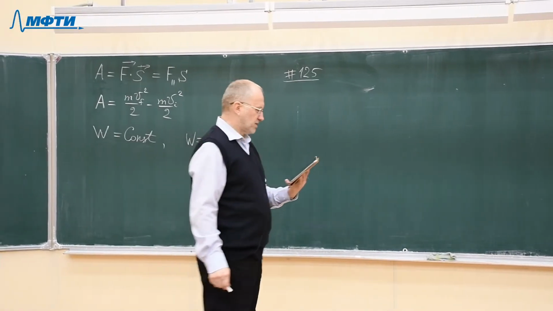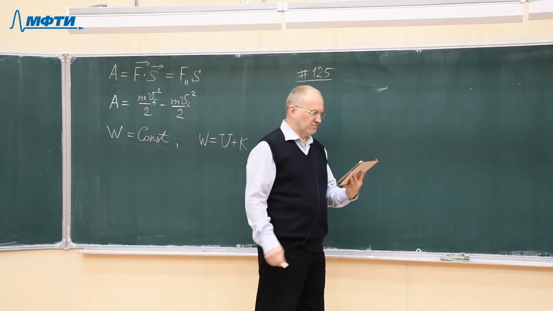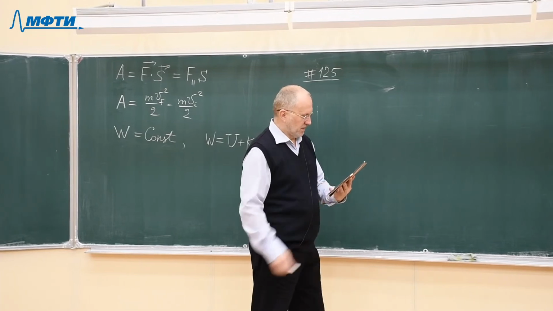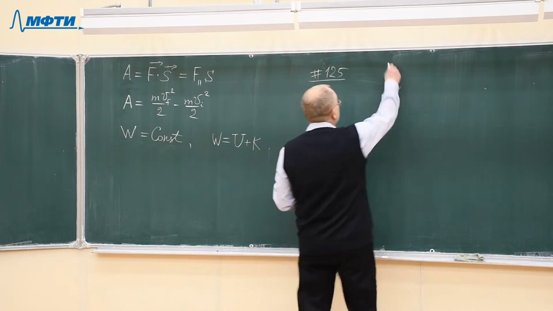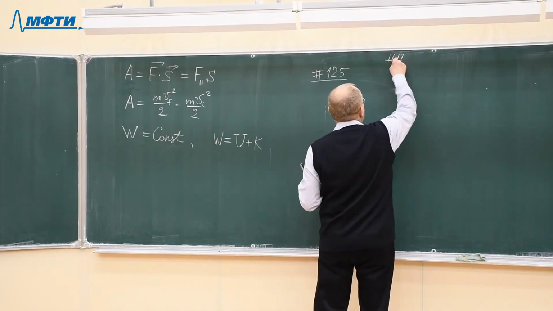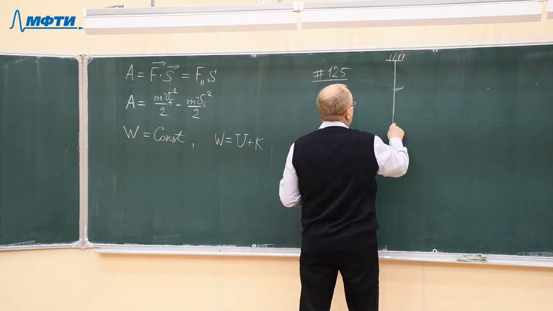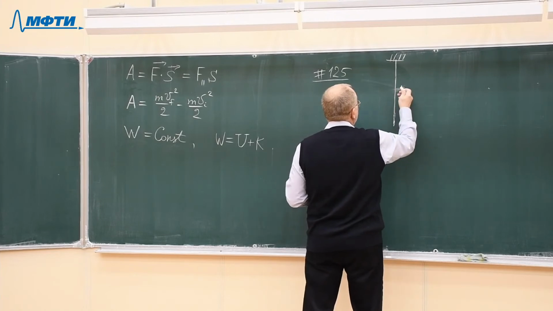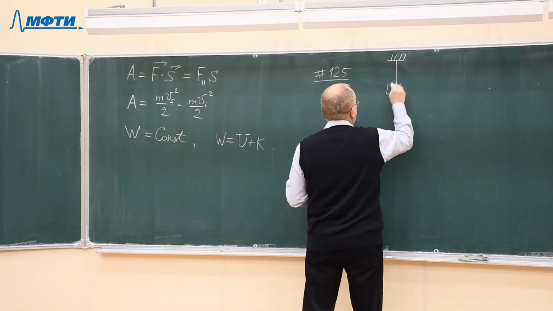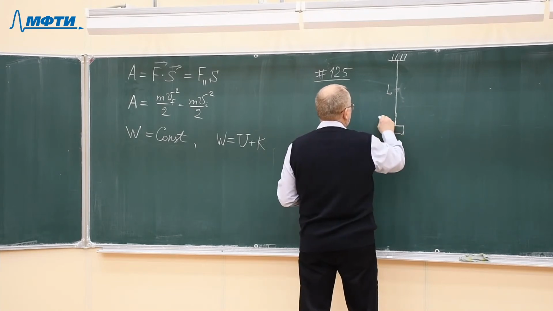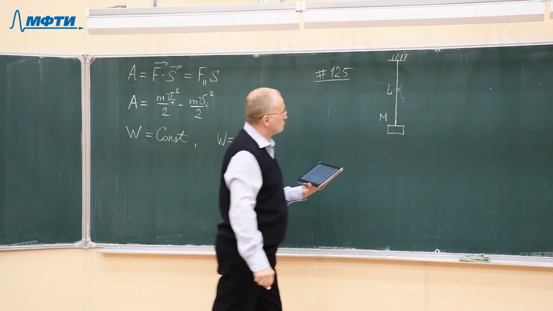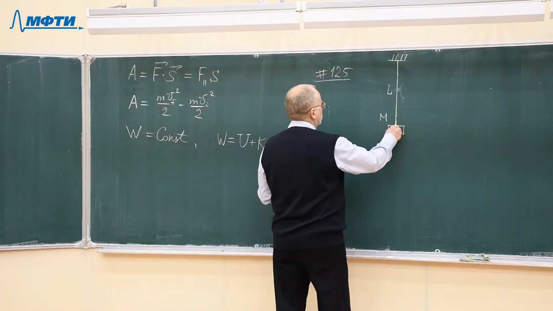A box with sand having the mass m is suspended on a rope with a length L. So there is a rope or a string of length L, and there is a box of mass m hanging on the string.